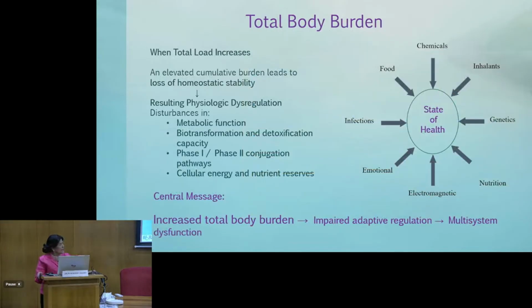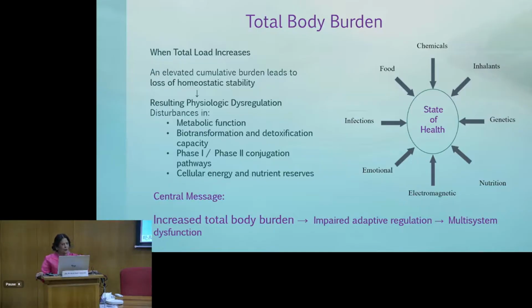So the state of health depends upon the food, chemicals, and inhalants, including infections and emotional upheavals. A patient may be completely normal, but if there is a grief reaction from a death in the family or a divorce or something similar, plus electromagnetic fields and poor nutrition, and genetics also plays a part.